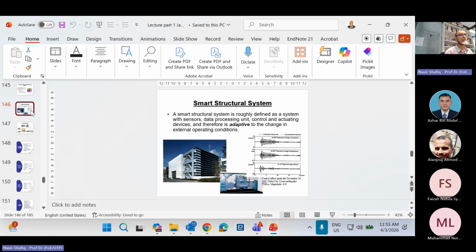A smart structural system is roughly defined as a system with sensors, data processing, control and actuating devices, and therefore is adaptive to change in extreme operational conditions. Rather than you going, the protection will be on when the control signal comes, and it adopts the safety measure, like in case of earthquake and so on.